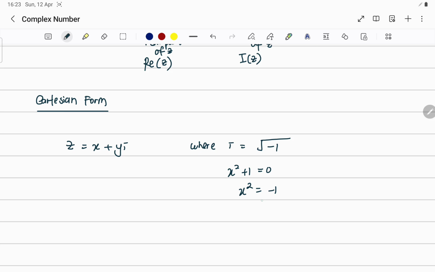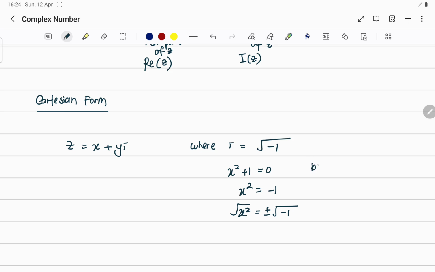Now we cannot do anything, because if we want to find the value of x, we have to square root both sides, with plus minus, and then the square root of -1. We cannot solve it, because the square root of a negative number has no real solution.